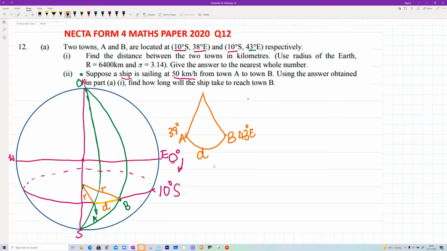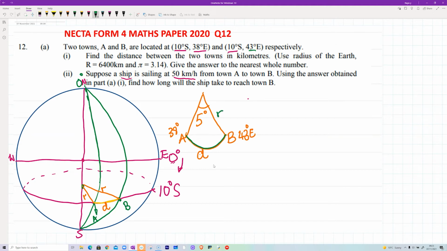And this is the distance that we want from there to there. So the angle between these two is 43 take away 38 degrees. So the angular difference between the two towns is 5 degrees. So the only thing now you need to find is this distance.